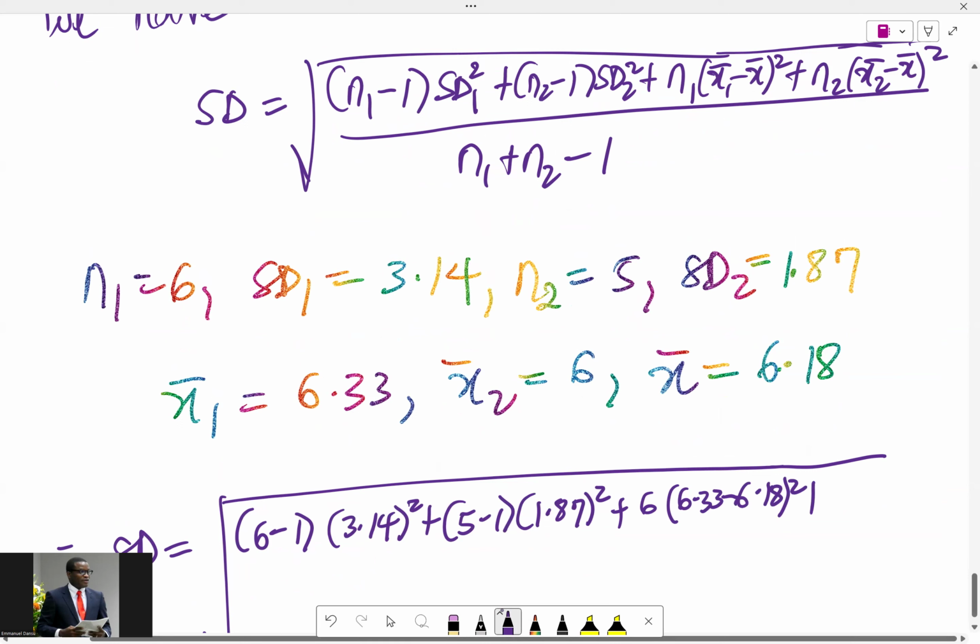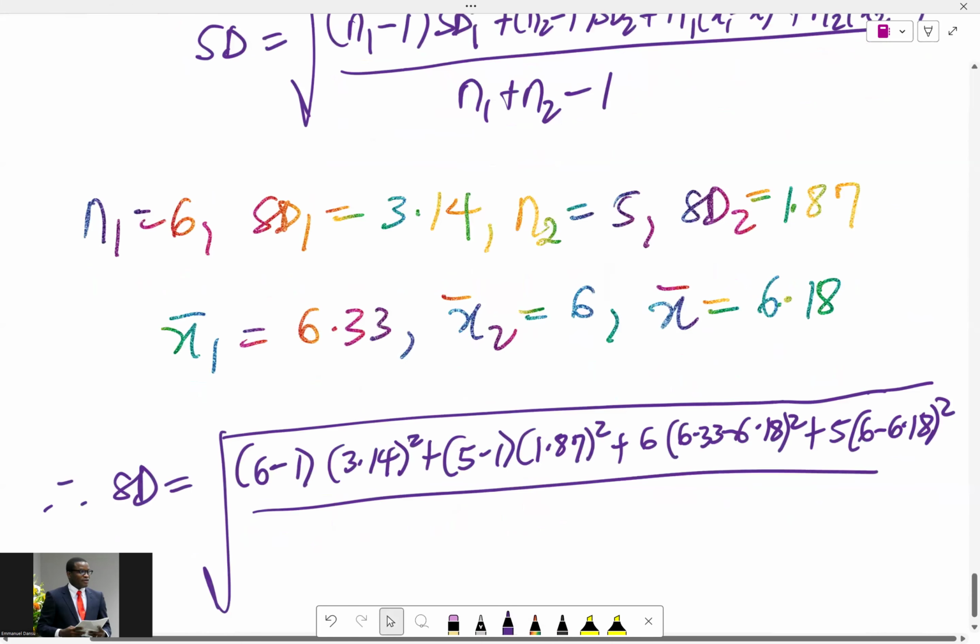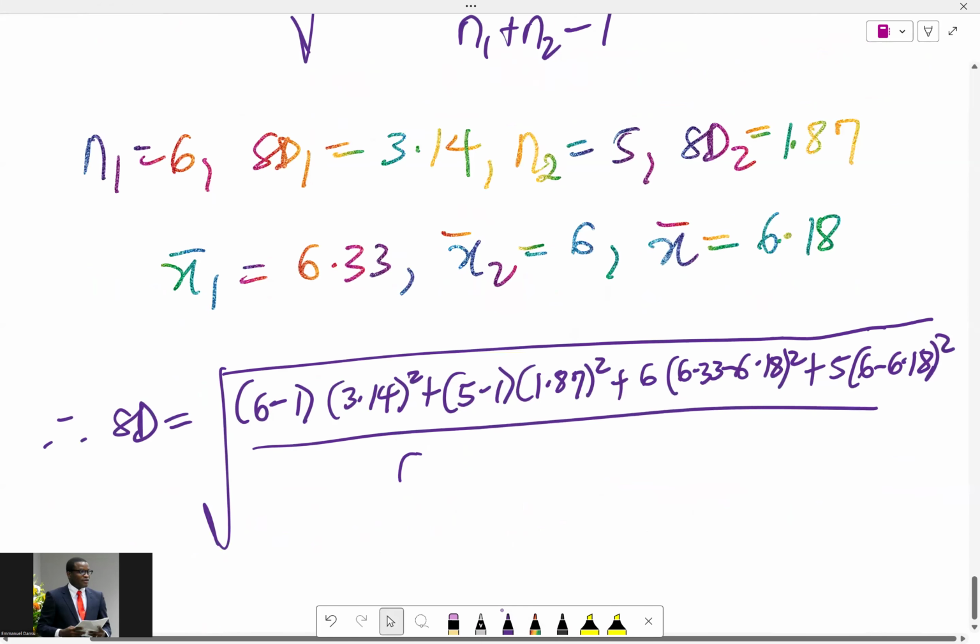Then plus N2, which is 5, into x2 bar, which is 6, minus x bar, that's 6.18, all squared, divided by n1 plus n2 minus 1, that's 6 plus 5 minus 1.